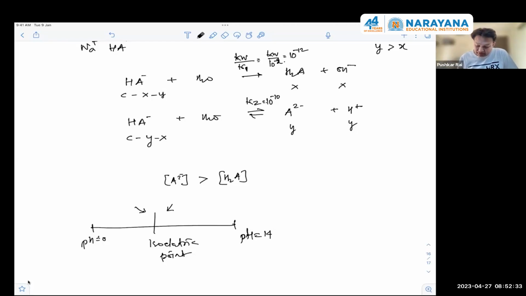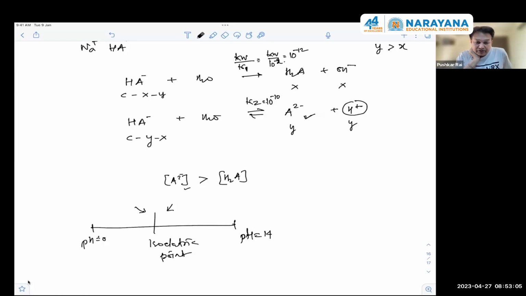I think that we are towards the right hand side, because if A2 negative is more, that means it is more ionized. When you titrate, if A2 negative is more, that means we are heading towards the basic side. And if H2A is more, then we are heading towards the other side.